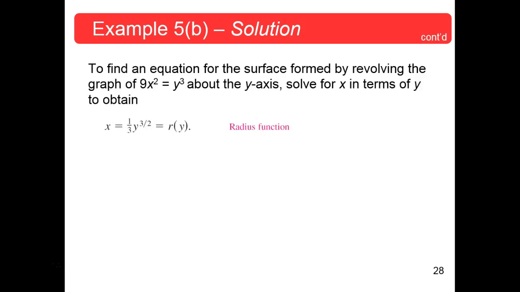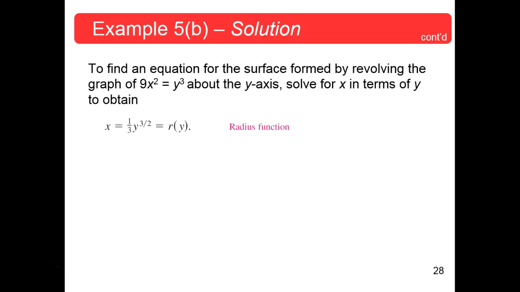To find an equation for the surface formed by revolving the graph of 9x squared equals y cubed about the y-axis, solve for x in terms of y. Because if you're revolving about the y-axis, you want your r variable in terms of y. That's going to be 1/3 y to the 3/2 power.